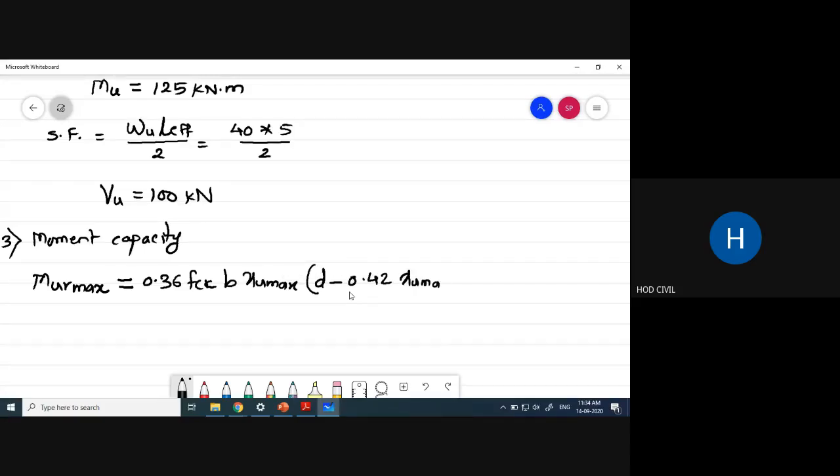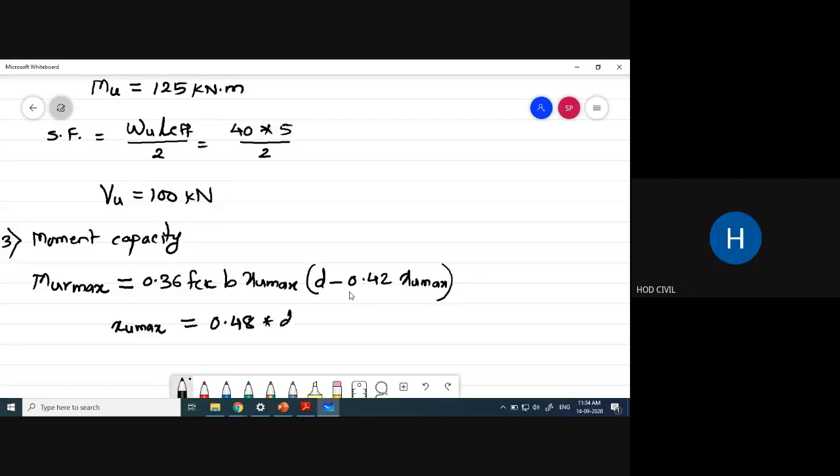What is the xu max value? It depends upon your grade of the steel, right? So what is the xu max value? Look into the IS code, IS 456, and tell me the xu max value. Ma'am, xu max is 0.48 d.